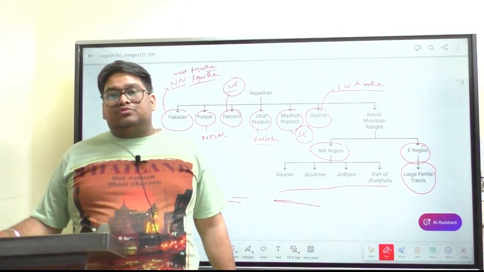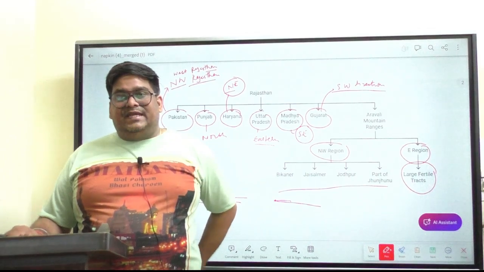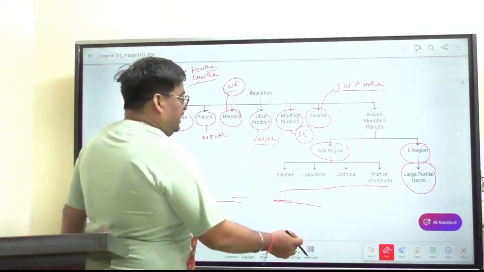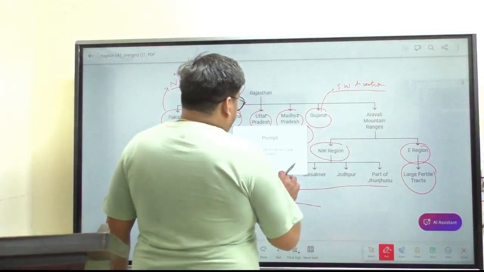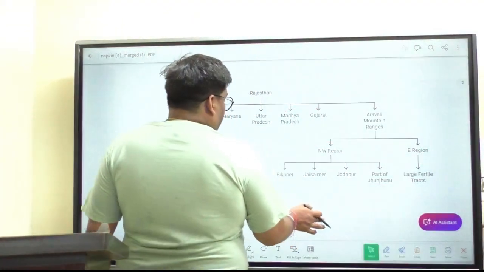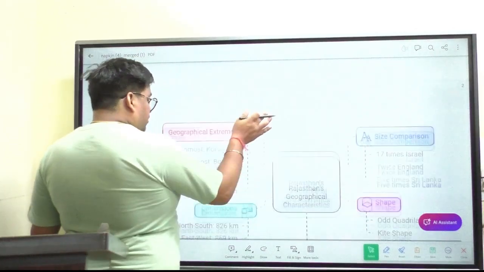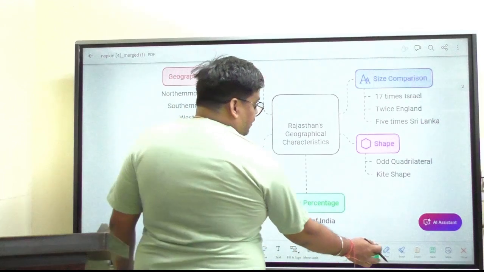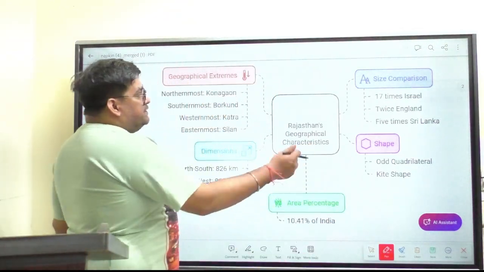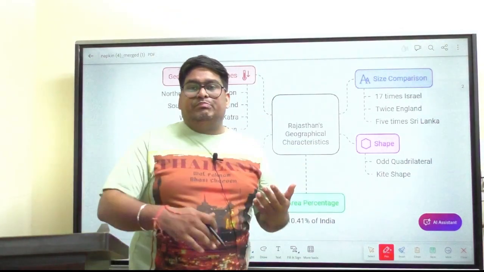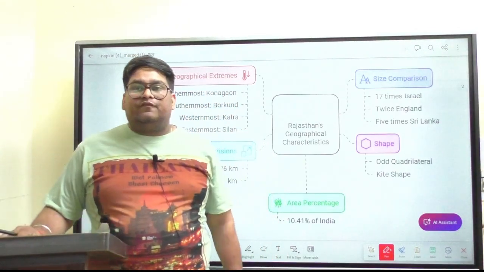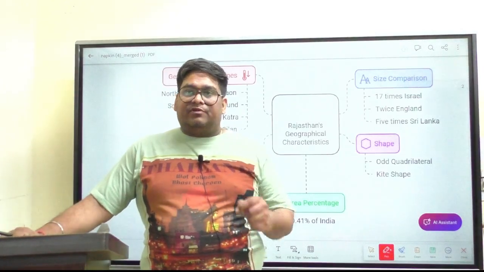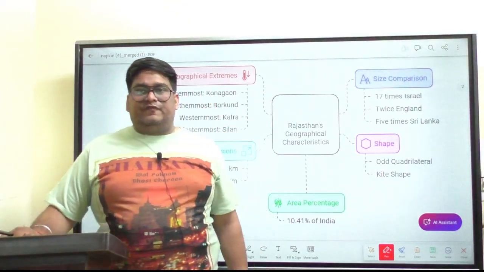In terms of its size, you can also compare Rajasthan. I have a diagram that you can look at, showing an approximate comparison of Rajasthan in terms of size. Rajasthan is first of all the largest state in our country in terms of area.